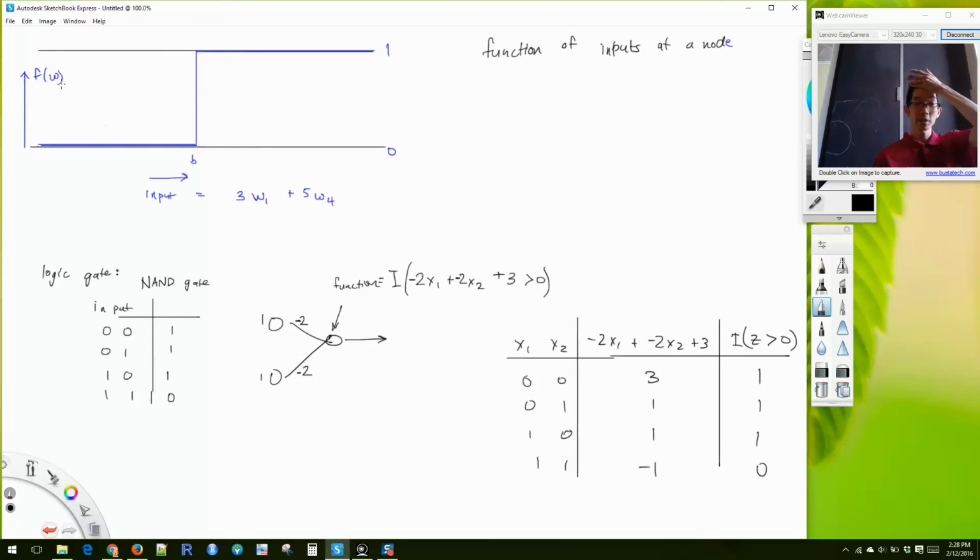So essentially we're taking our inputs and turning them into 1 and 0 outputs.